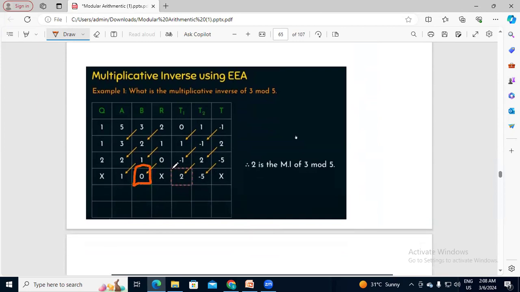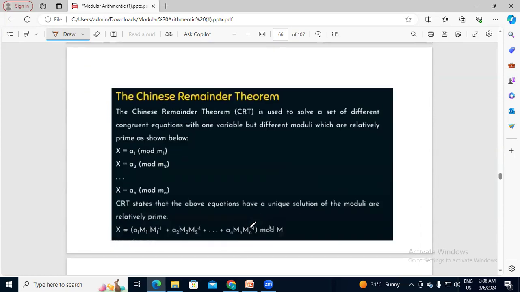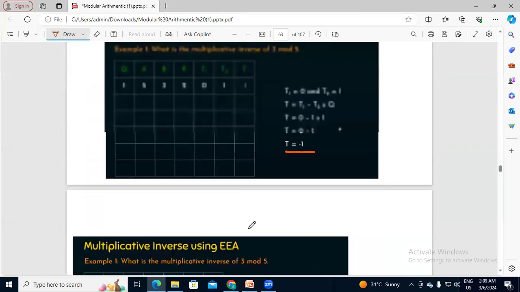And whatever value the T1 is having, that will be your multiplicative inverse. So 2 will be the multiplicative inverse of 3 mod 5. So 2 into 3 will be 6, and 6 mod 5 will be 1, right? So that's how the multiplicative inverse is calculated.